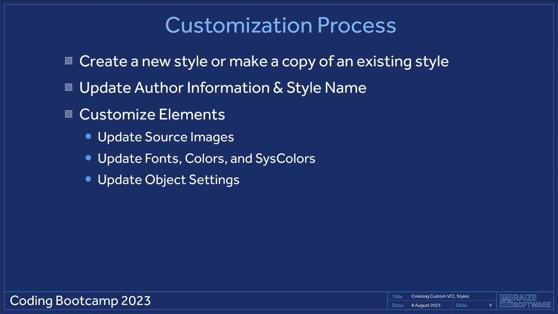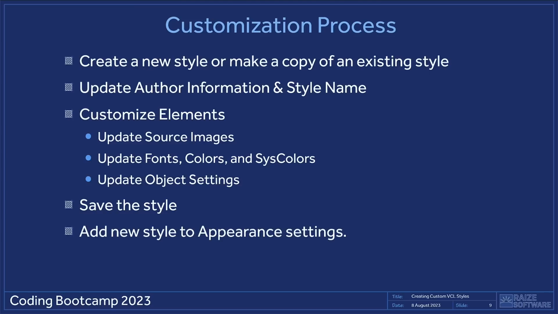You'll update the object settings for various features to make sure you're extracting the right source images to render your control. Then save the style, and we're going to add the new style to the appearance settings by putting it in the right spot, that directory that I showed earlier for your version of RAD Studio.